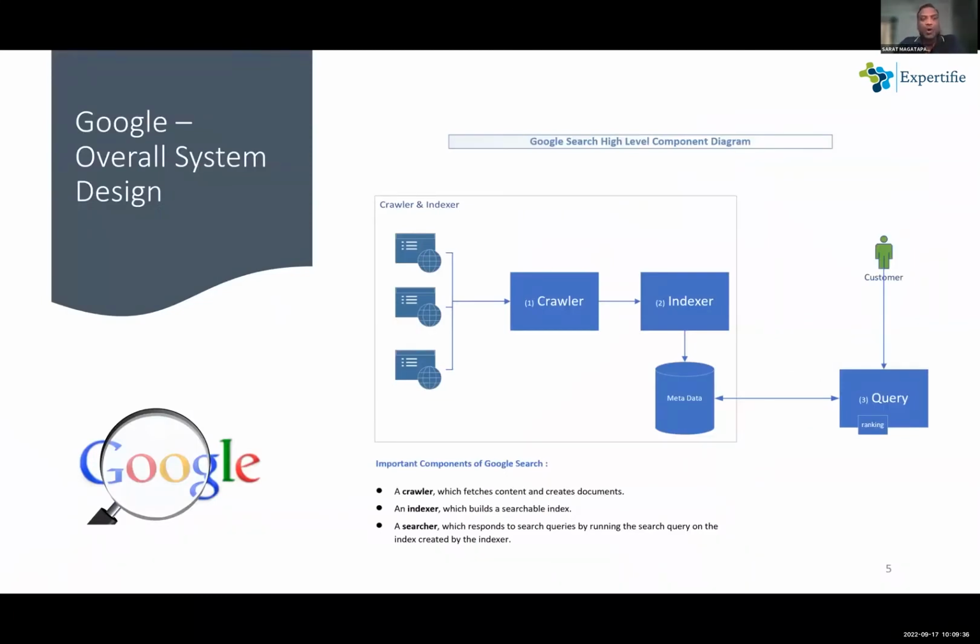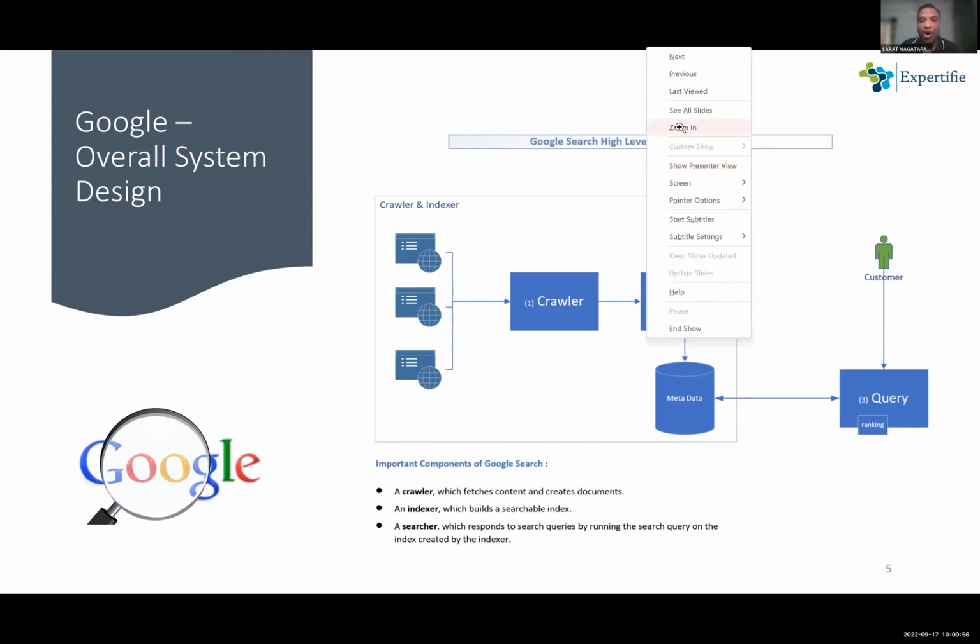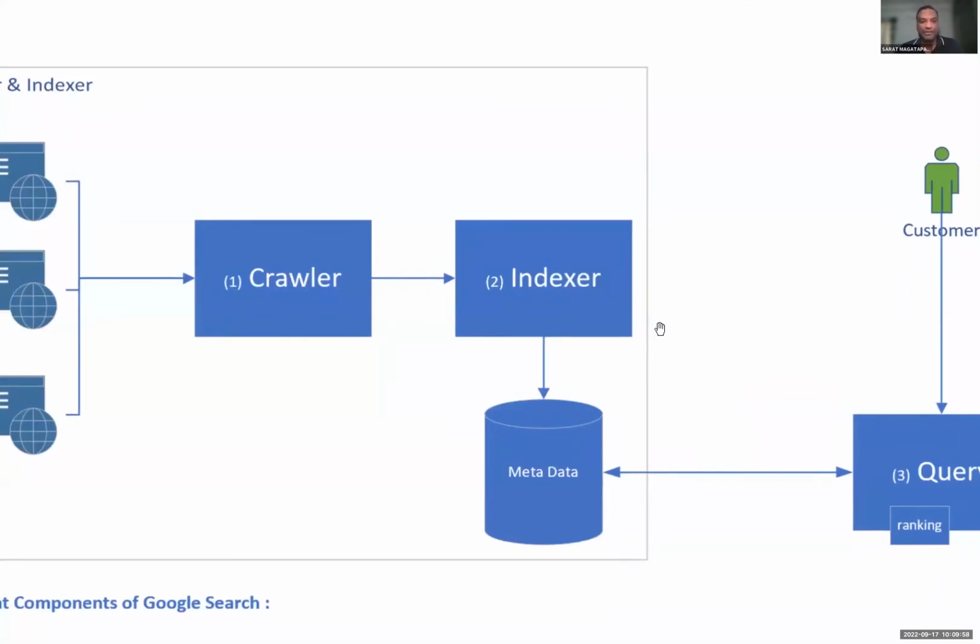This is the overall high-level component diagram of any search engine. It's not just for Google, it's any search engine. Predominantly, you have three important components in any search application. First is the crawler.